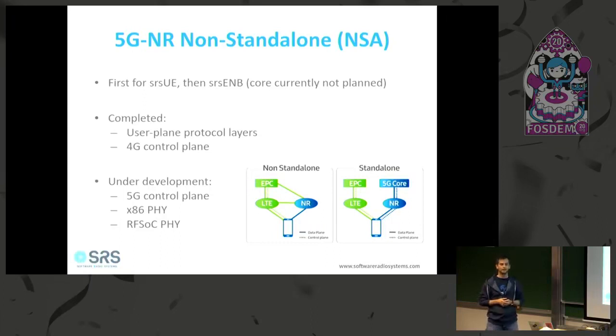We will be writing an x86 implementation of the NR PHY, as well as one for RFSoC, an FPGA-based implementation that leverages some hardware FEC on Xilinx fabric. We will be targeting those, and the upper protocol layers just run on the ARMs in this platform or on x86. So this is no problem.